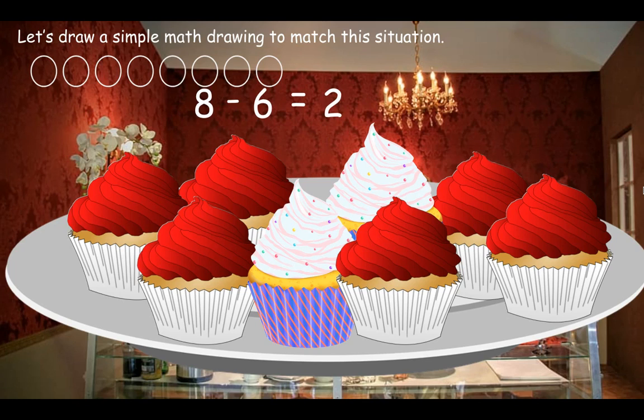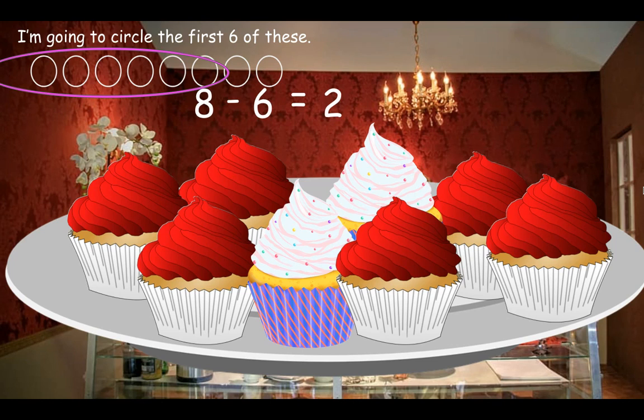Let's draw a simple math drawing to match this situation. So I drew 8 circles in a row to represent the 8 cupcakes, and I circled the cupcakes with red icing. That's 6 of the circles. We should see how many are left that have vanilla icing. And we do.